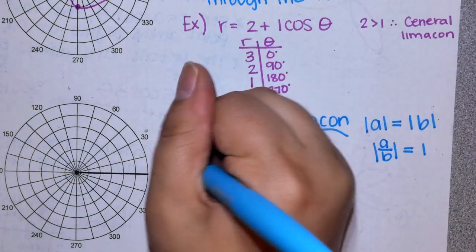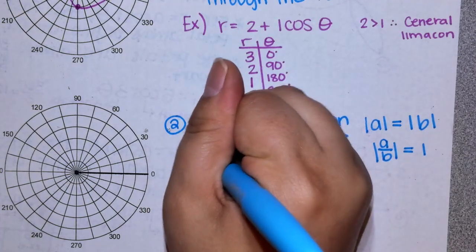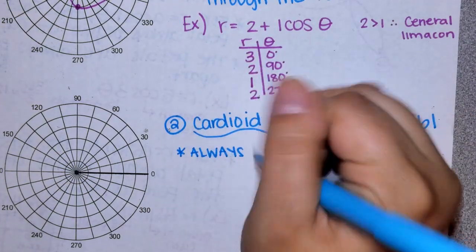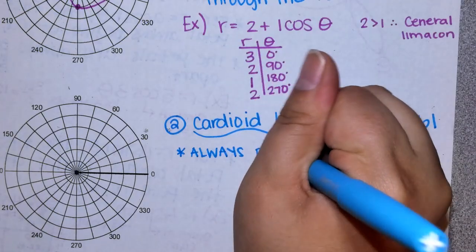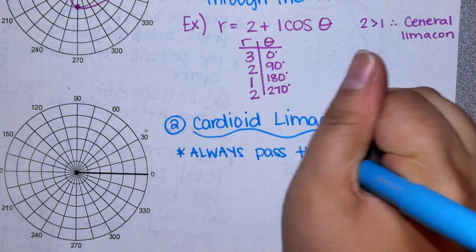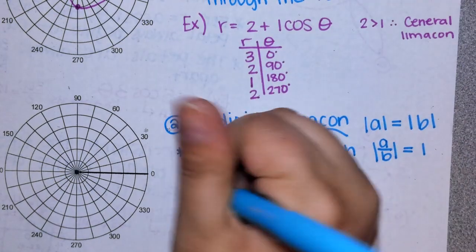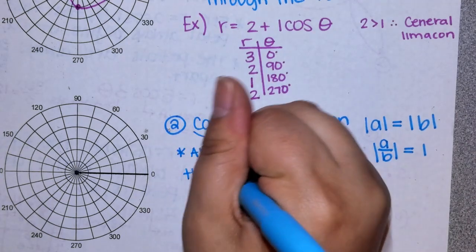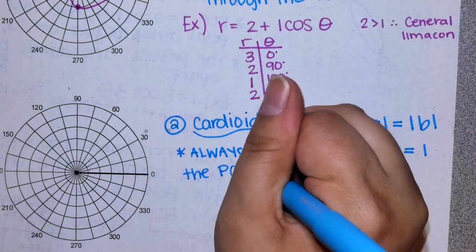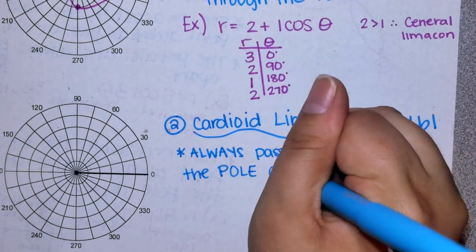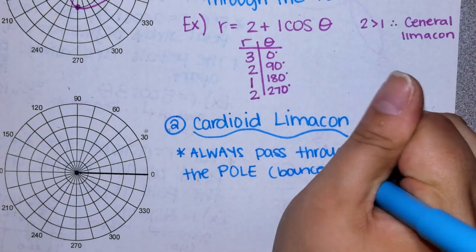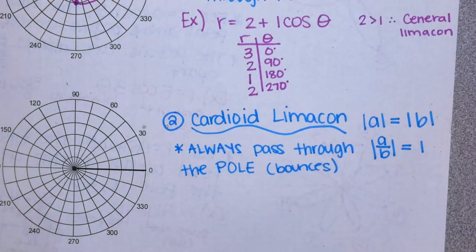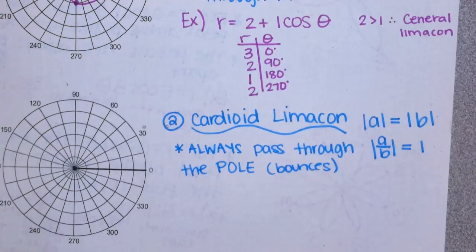And a cardioid always passes through the pole. And it actually doesn't pass through it. It does hit it, but it actually bounces, which creates that lovely heart shape.